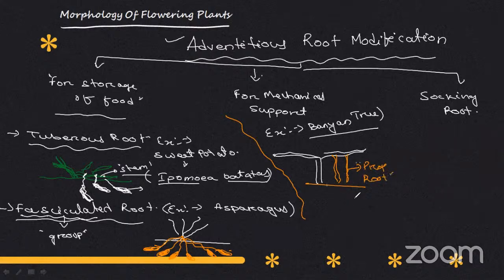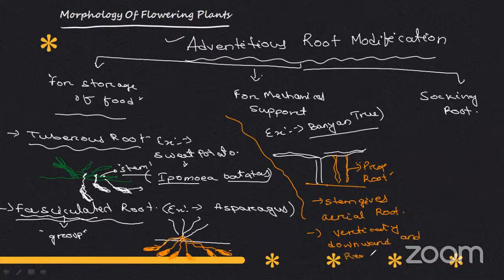This prop root develops vertically downward. The stem gives an aerial root system, and the roots go vertically downward and reach the soil to give extra mechanical support.